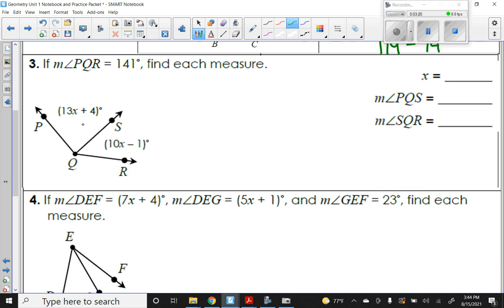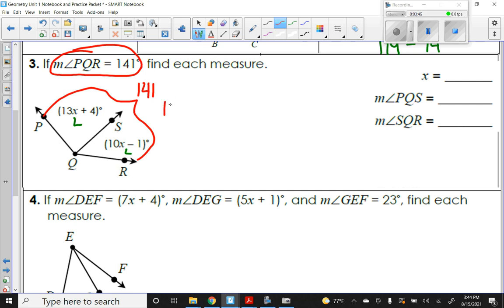Let's move along. Remember, you can pause if I'm going too fast. PQS is a little portion. SQR is a little portion. Let's take a look at our big. Our big is all of this, and we need to pay attention to the directions in order to get that. So our math is going to be little plus little equals big.